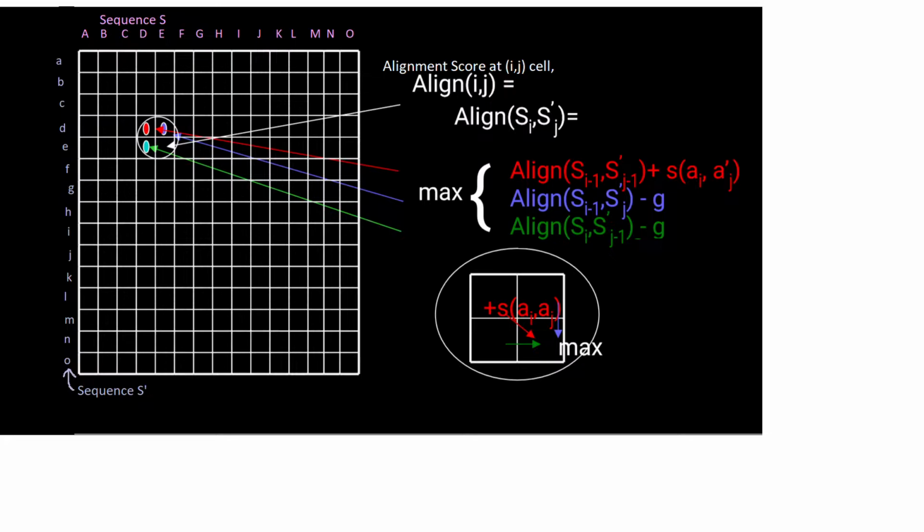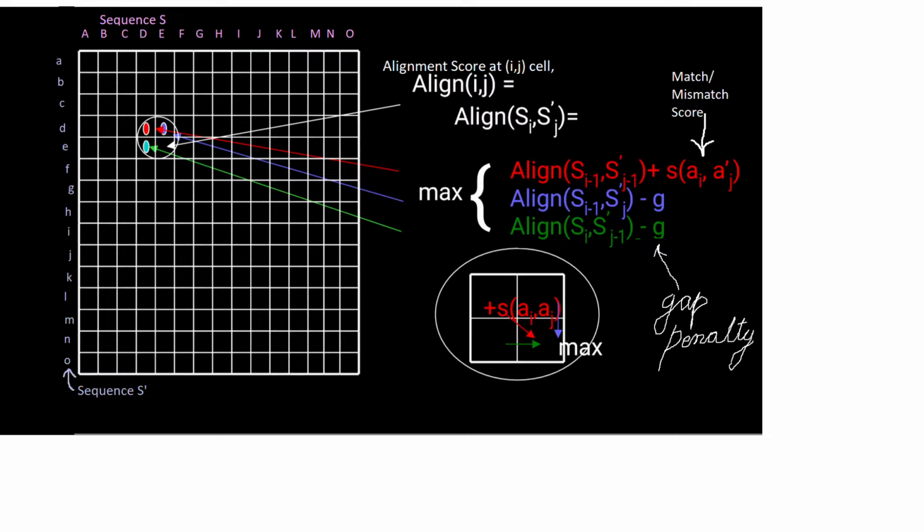It can be one of three scores. The score from the diagonal: the score of the diagonal cell plus the match or mismatch score. The score from the left cell: the score of the left cell minus the gap penalty.